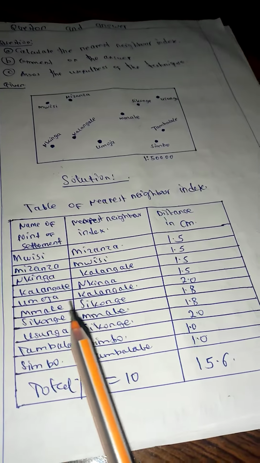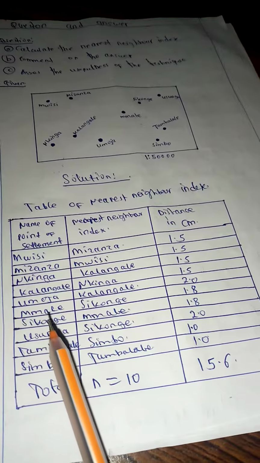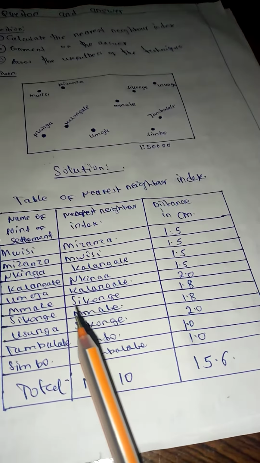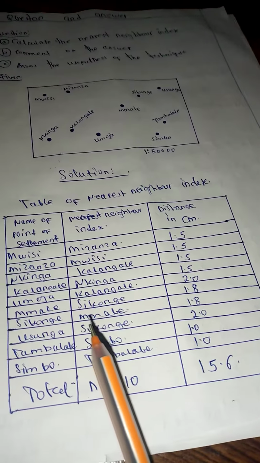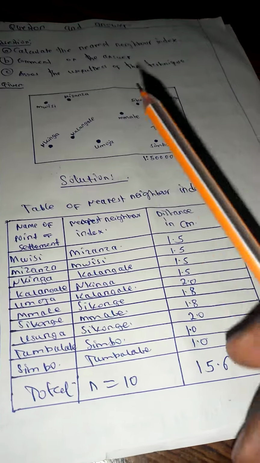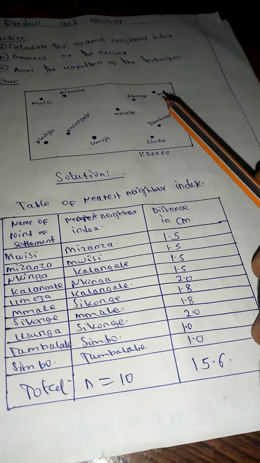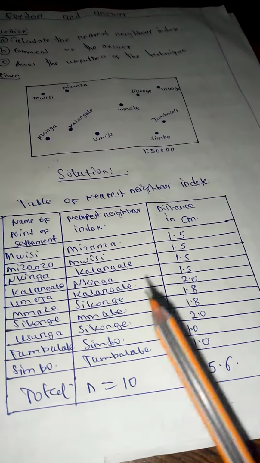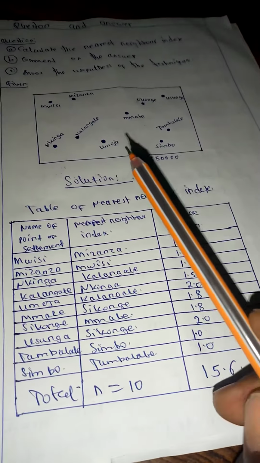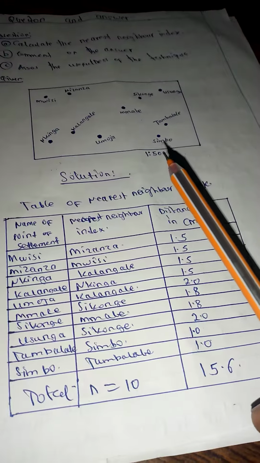And the nearest neighbor of Male will be Sikonge. And the nearest neighbor of Sikonge will be Male. And the nearest neighbor of Usunga will be Sikonge. And the nearest neighbor of Tambalale will be the symbol.